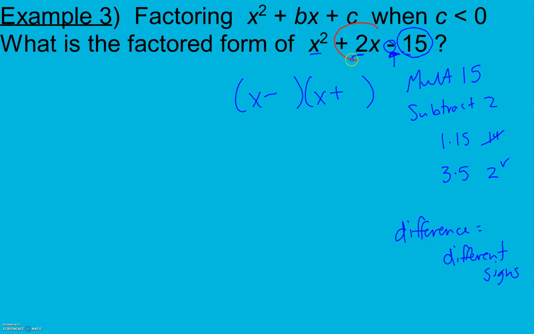The sign in the middle always goes with our bigger number, because when we subtract, we always take bigger minus smaller, and then we give the sign of the bigger number to our difference. So here, if I gave it a plus 2, that means my 5 had to have been bigger.